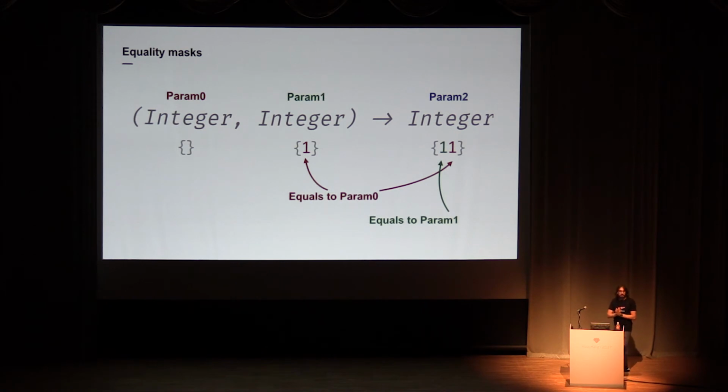For every type, let's introduce a kind of bit mask which represents the equality between the current type and some previous ones. The bit is 1 if the current type equals some previous one, and the respective bit is 0 if it doesn't equal that previous parameter.